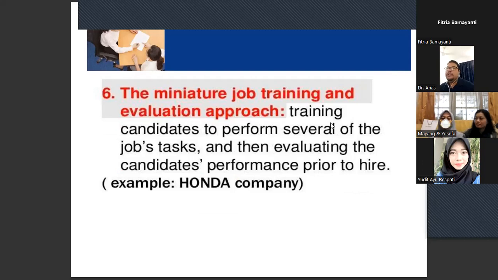Okay, and then also the miniature job training and evaluation approach. So training the candidate to perform several of the job tasks and then evaluating the candidate's performance prior to hiring. So these are, for example, for the Honda companies, how the miniature job training and evaluation is performed. But don't be confused, this candidate is not confirmed to get the job.